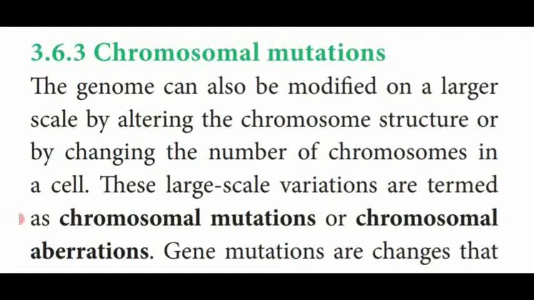Dear students, if you feel this is very difficult to learn, you can write the simple definition. That means mutation causes changes in the chromosomal number and structure of a chromosome, known as chromosomal aberration or chromosomal mutation.